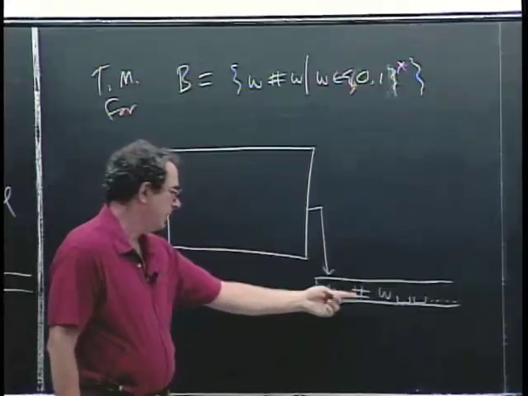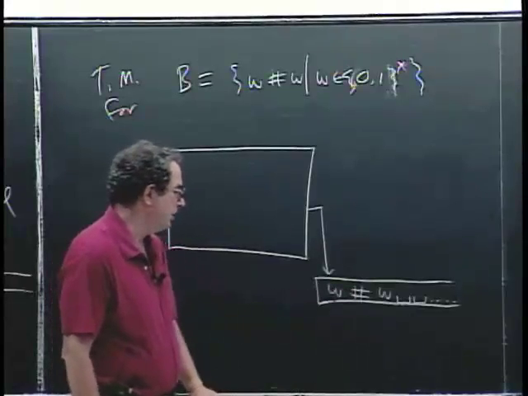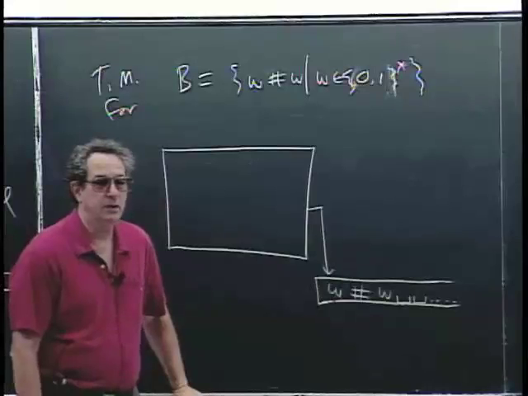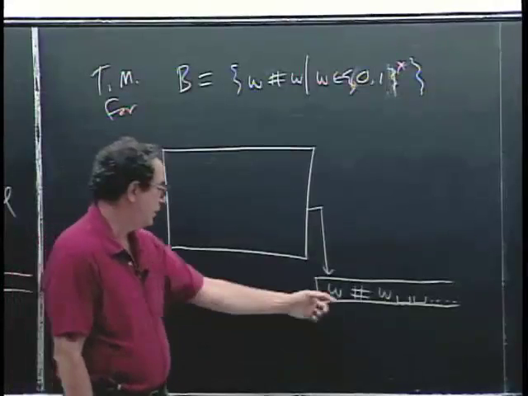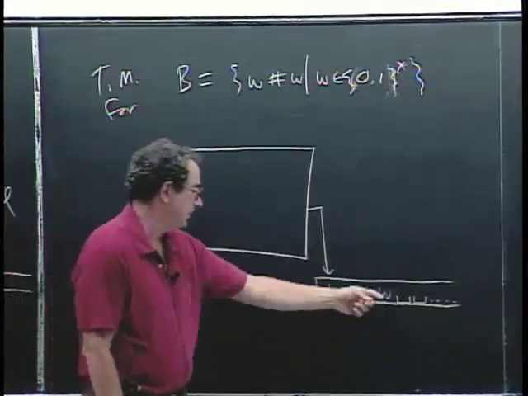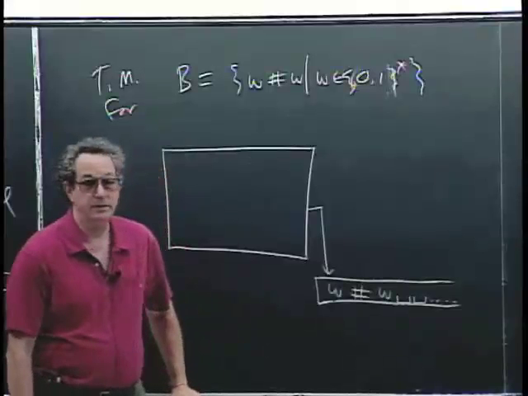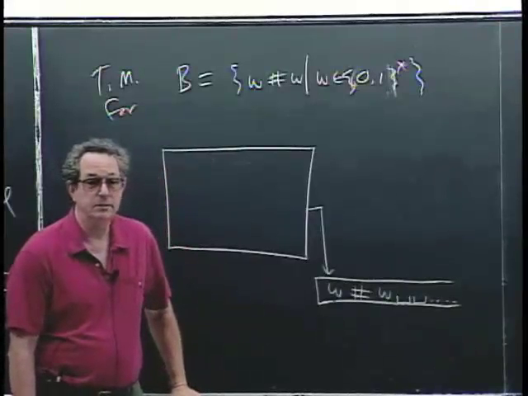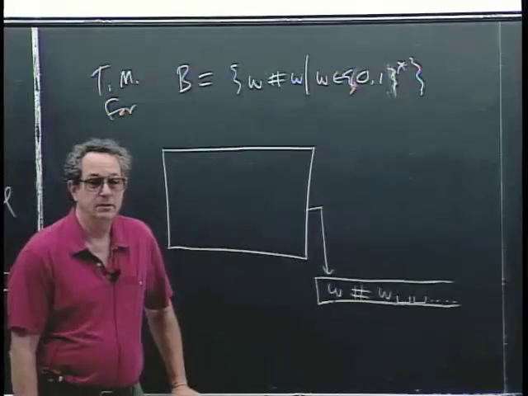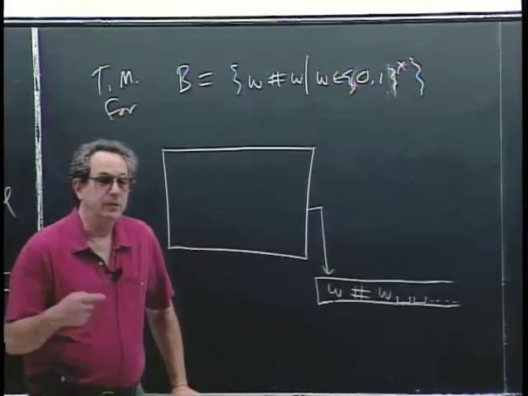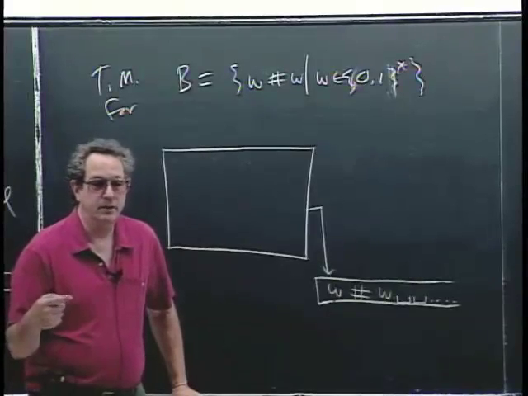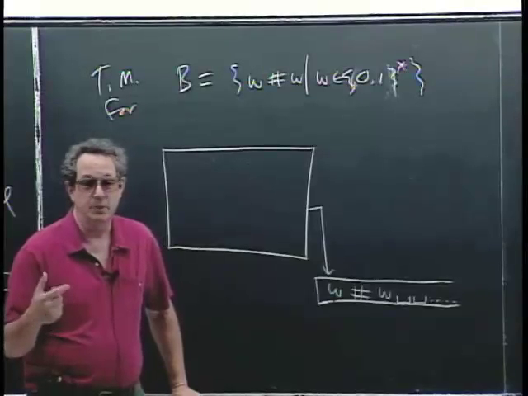So anybody have any general idea of how a Turing machine should go about checking whether this string is in this language? See, now we're a lot closer to thinking like an algorithm or a program.